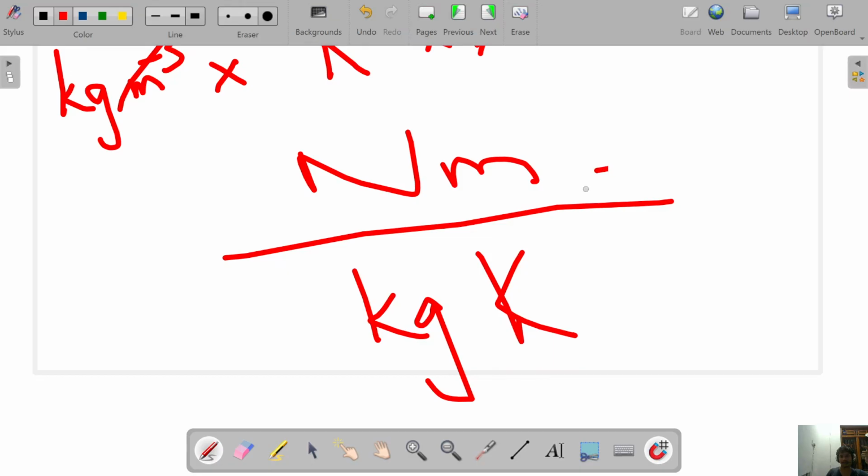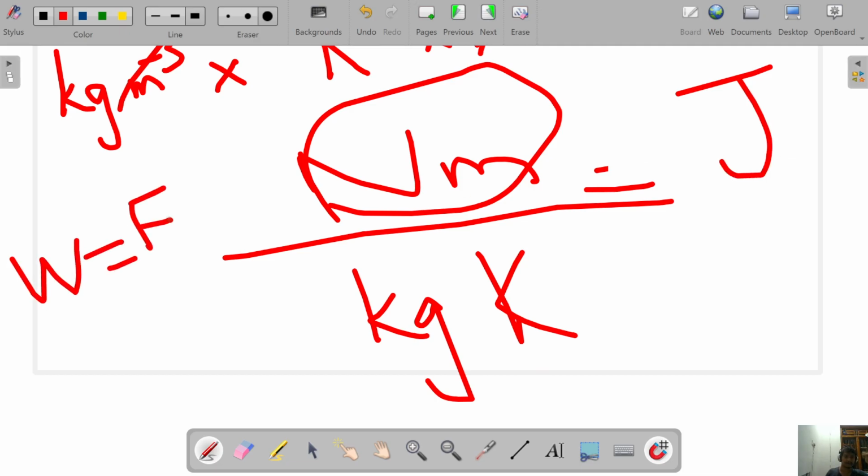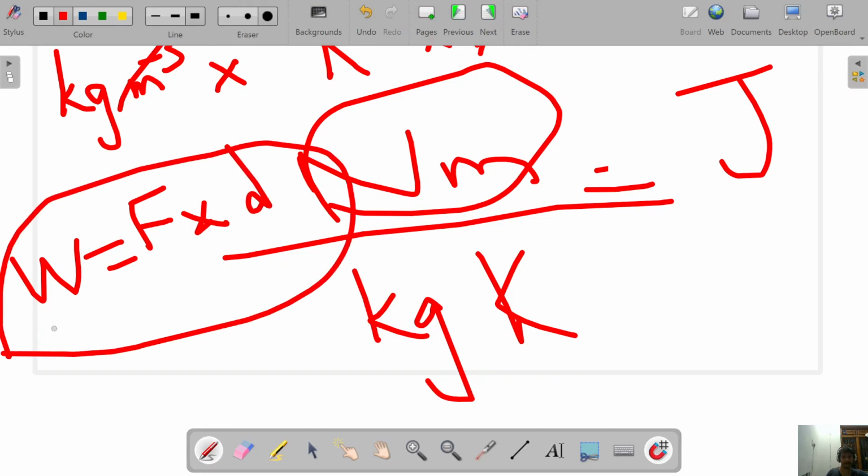We already know that Newton meter is joule. Work is equal to force into distance. Work done is the applied force into the distance moved by the force.